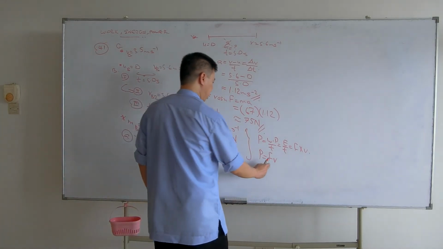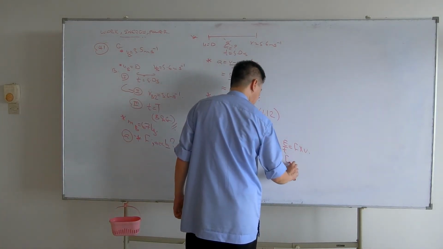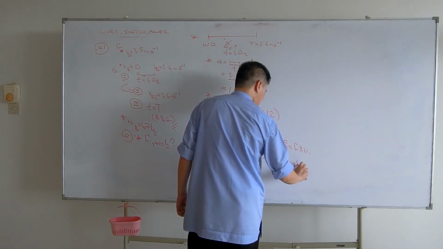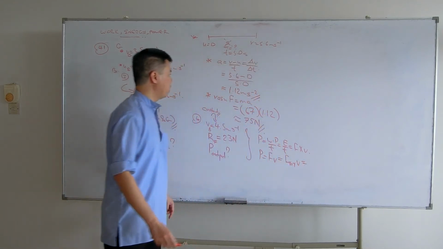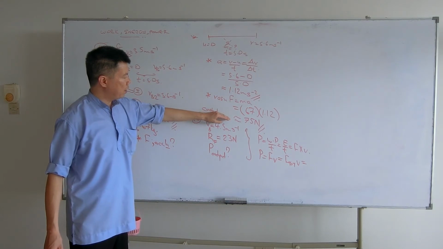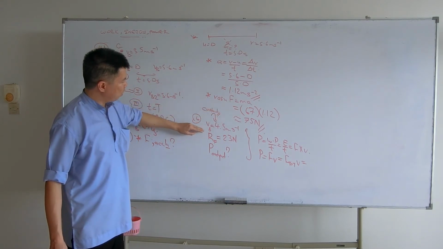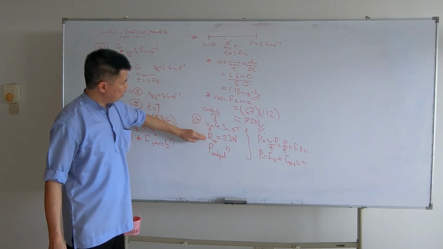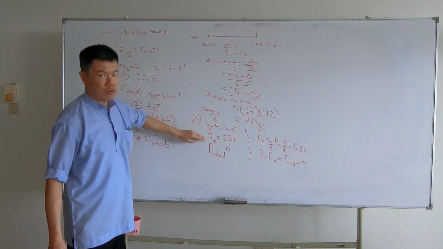Here we need to find the total force. So the total force here, in this case, should be the resultant force to propel him forwards. We also have the speed that he is at when you have a resistive force of 23 newtons.